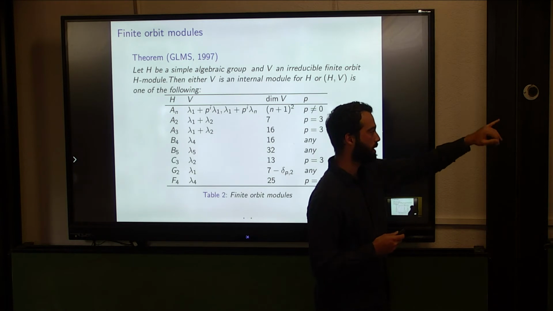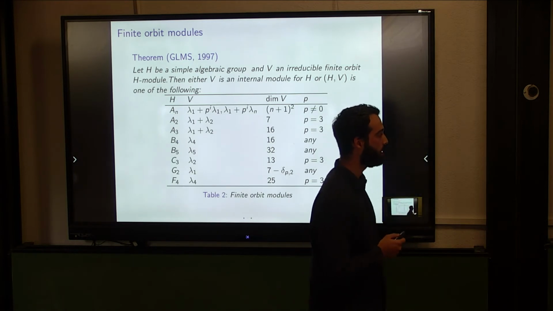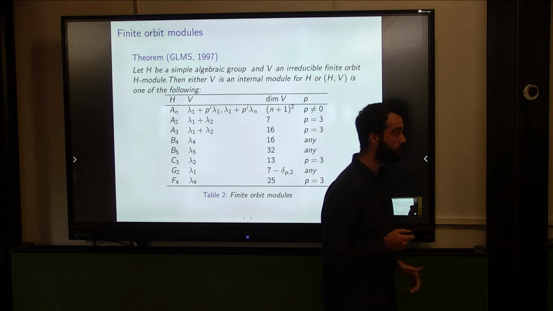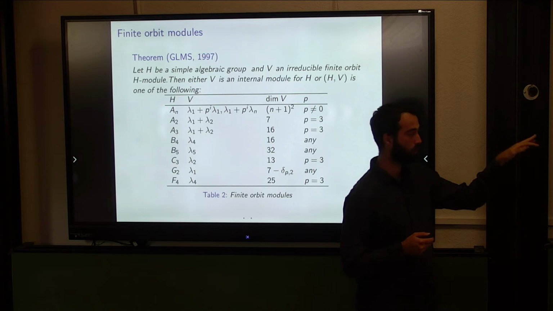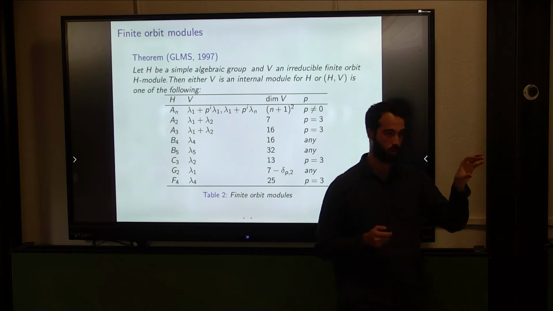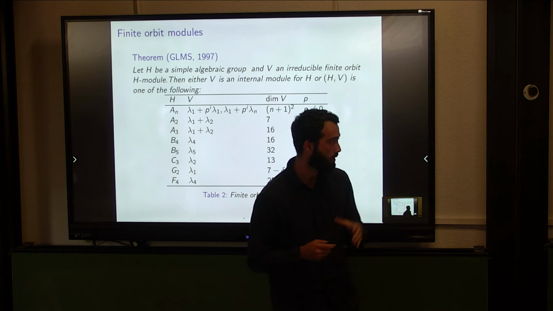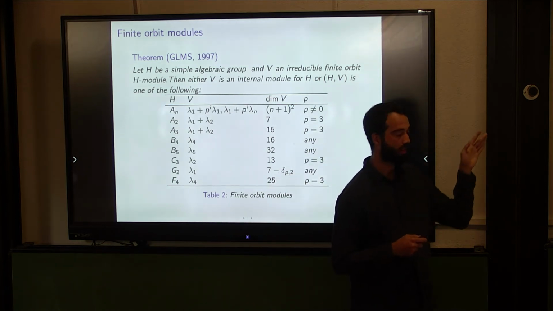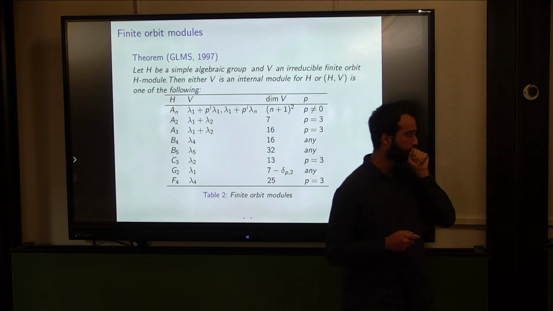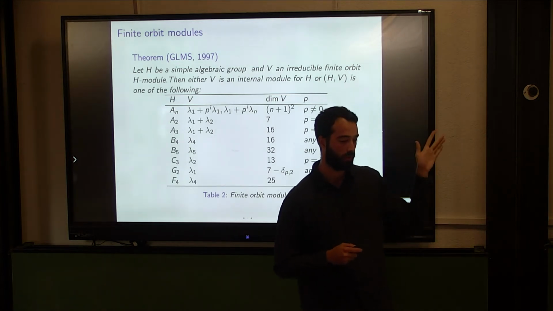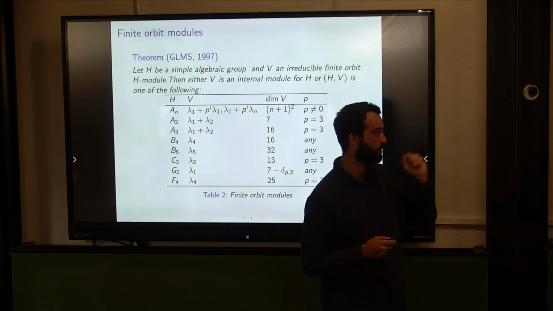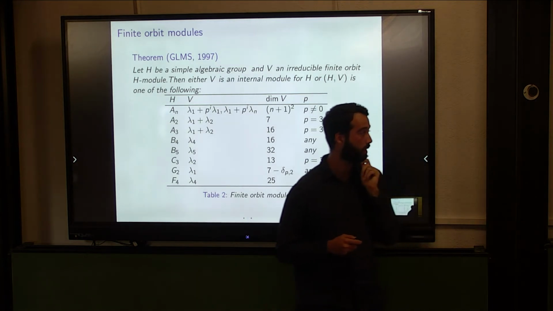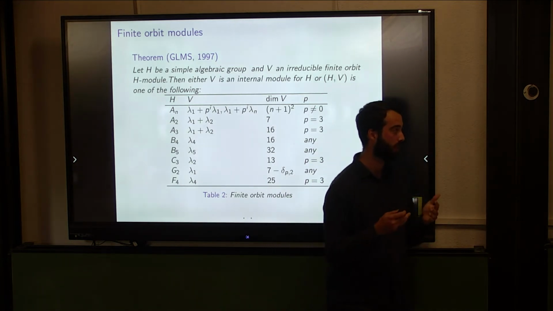So, let me just describe the very first line. You have a group of type AN, and the module here is going to be a tensor product, for example, the first one, of the natural module with a twist of the natural module. So that has dimension (n plus 1) squared. And so they show that, for AN to have finitely many orbits on one spaces, the dense orbit needs to have finite stabilizer.